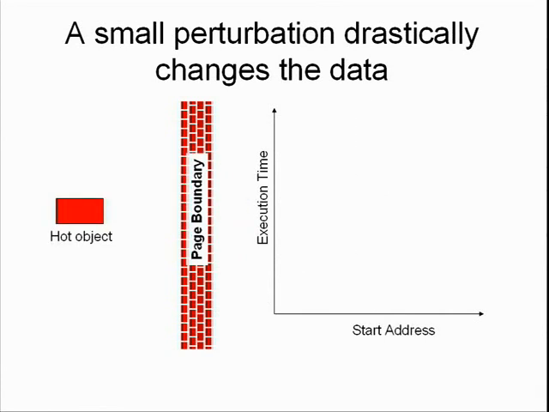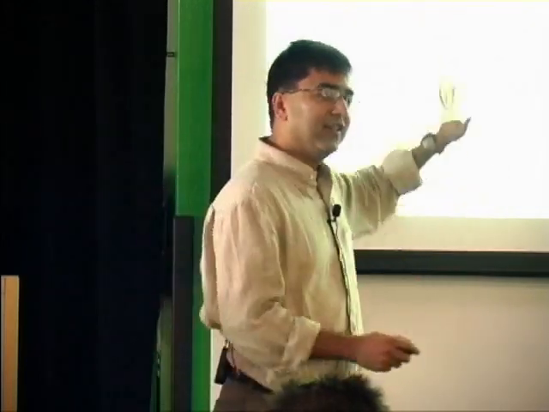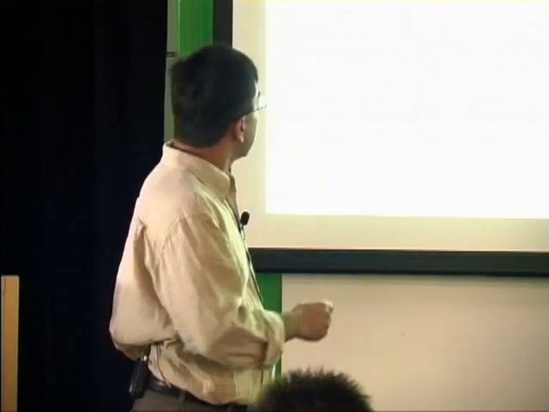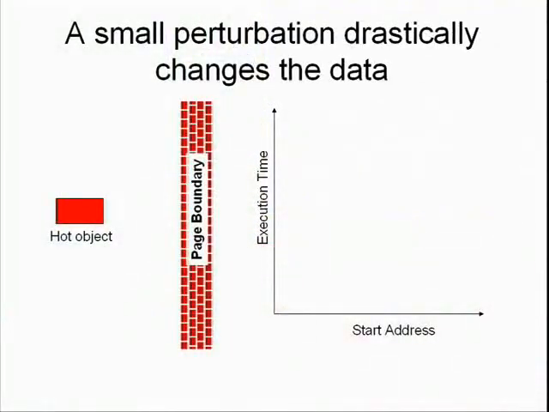So far I've been talking about trains, and you're probably wondering if you've come to the wrong talk. Well, not really. Let's think about computer systems. Instead of a commute prefix, imagine this red block is a hot object. The object might be a data object, or it might be a code object. And this wall represents a page boundary.